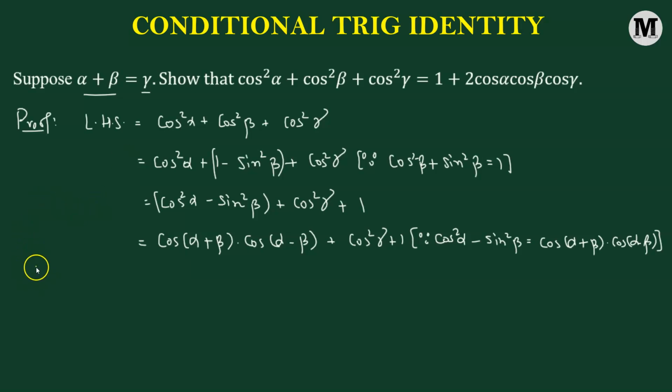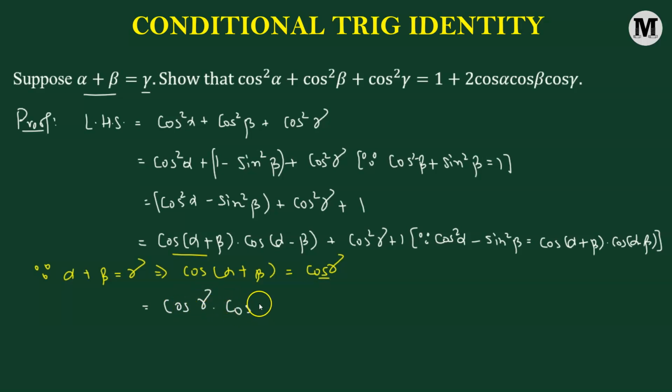So since alpha plus beta equals gamma, we can take the cosine on both sides to get cosine of alpha plus beta equals cosine of gamma. So we can replace cosine of alpha plus beta with cosine of gamma. So we get cosine of gamma multiplied by cosine of alpha minus beta added to cosine squared gamma plus 1.